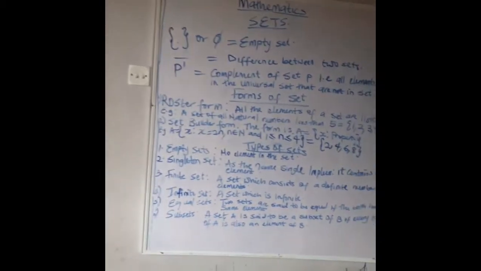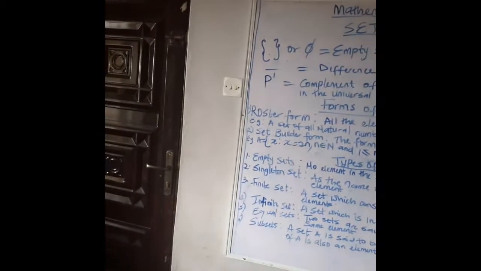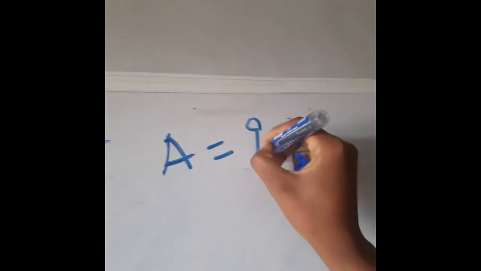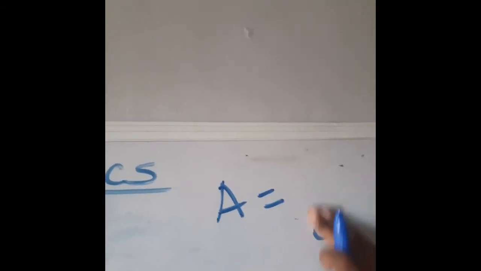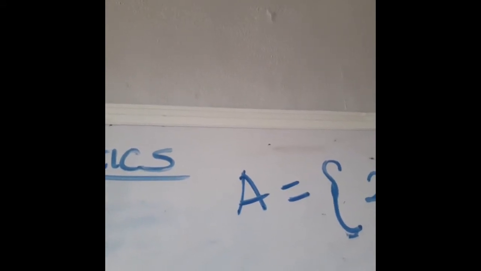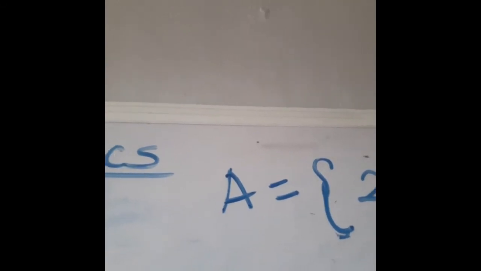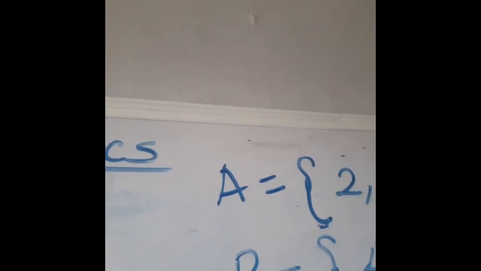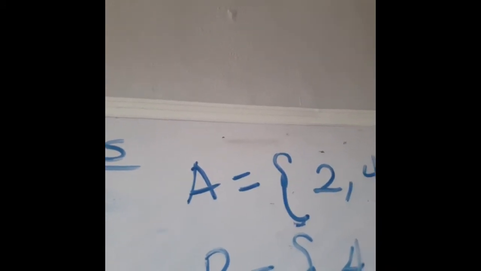So equal sets are sets such that when you have two sets, let me give an example. If they say set A equals 2, 4, 6, 8, and set B equals 4, 2, 8, 6.